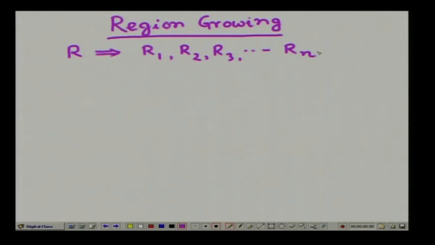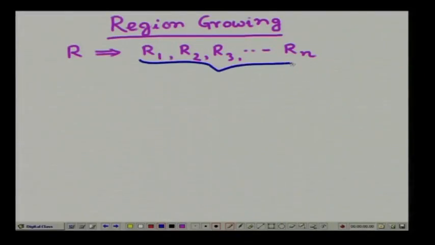So, segmentation operation is actually partitioning this set of pixels R, which represents the entire image, into a number of sub images or partitions, that is n number of partitions R 1 to R n.